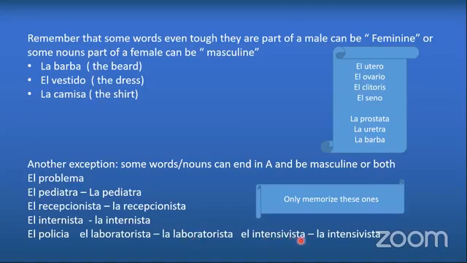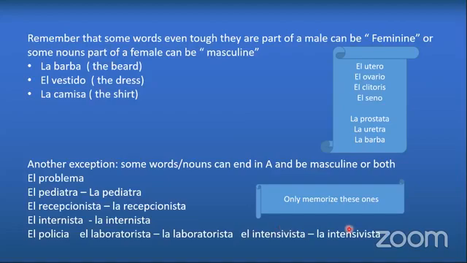El intensivista, la intensivista. Remember this one we learned in the last class is the intensive care unit doctor, and it doesn't change if it's a male or female. Probably you will hear, hola, buenos días, yo soy el doctor Jácome, yo soy el intensivista.